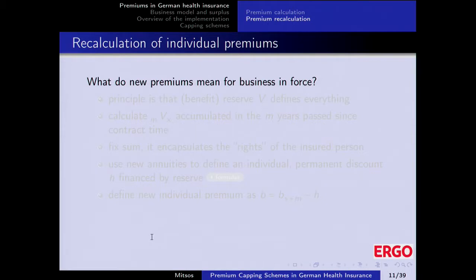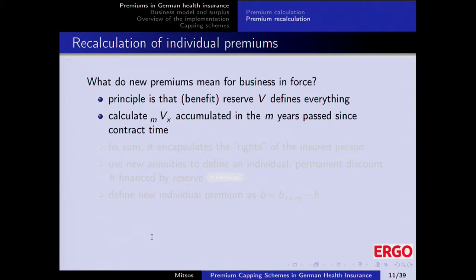What does the premium recalculation mean for an individual? Until now we had seen a lifelong constant premium, and of course now something has to happen. And the principle is the reserve defines everything. We calculate the reserve accumulated up to the point of recalculation.